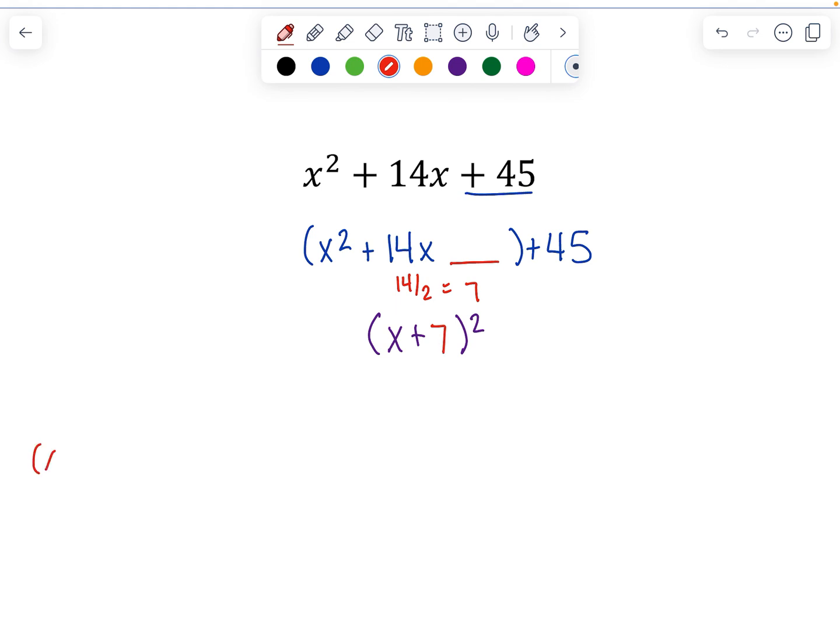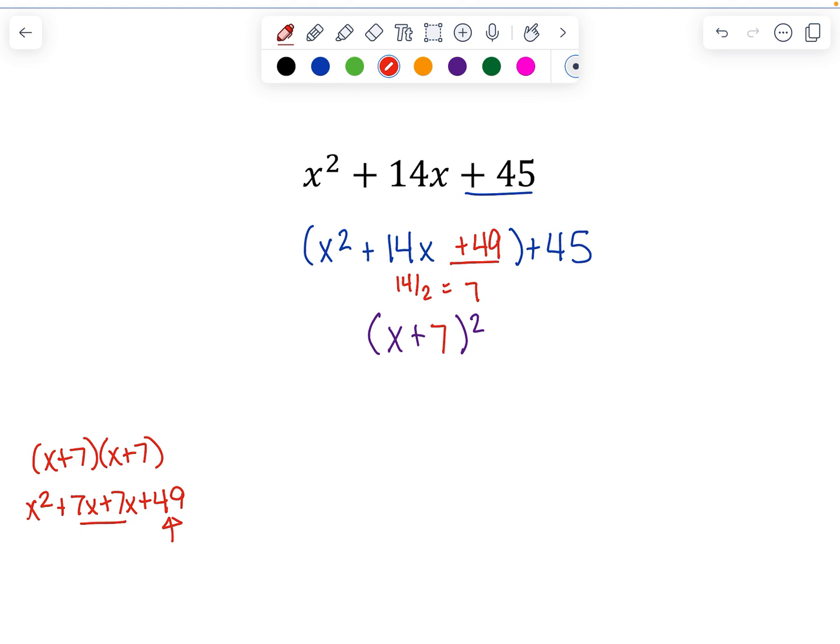Now remember, x plus 7 times x plus 7 equals x squared plus 7x plus 7x plus 49, x squared plus 14x plus 49. I need to put my plus 49 right here so that my two parenthesis items are equal.